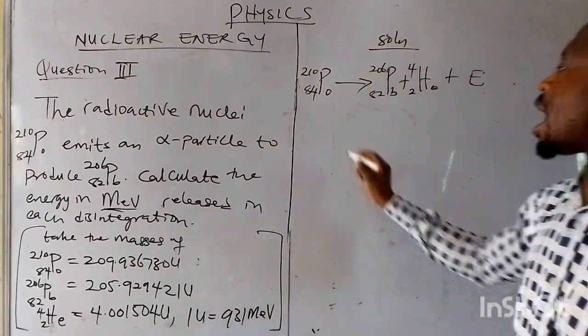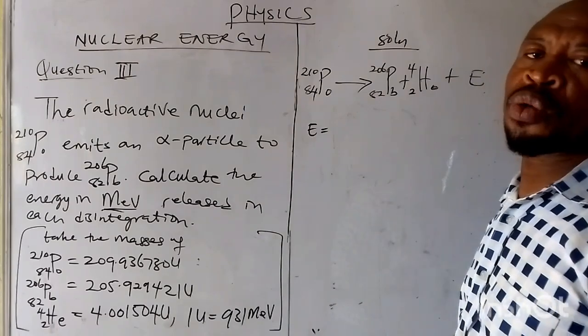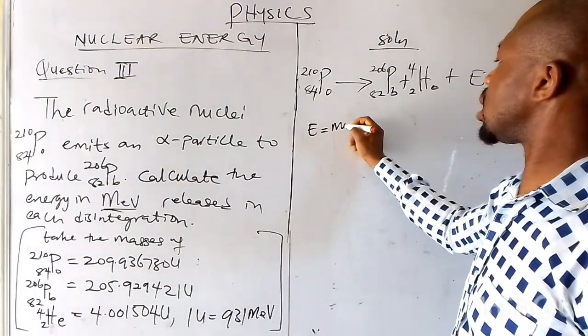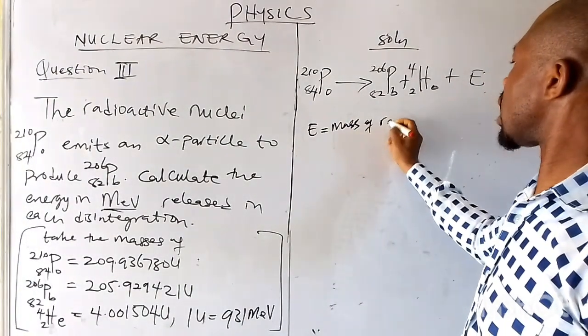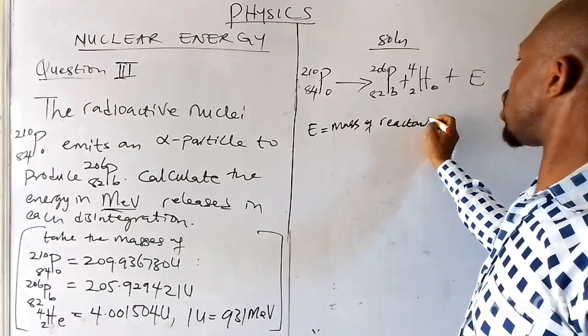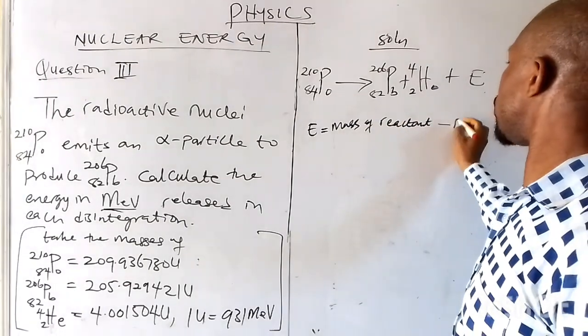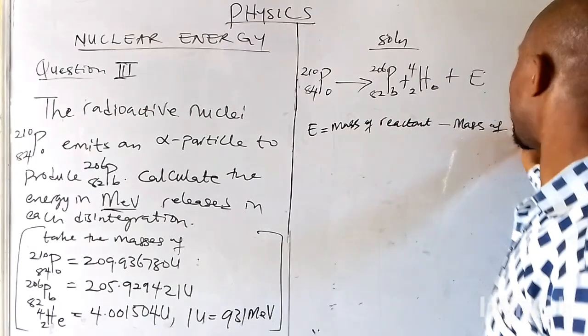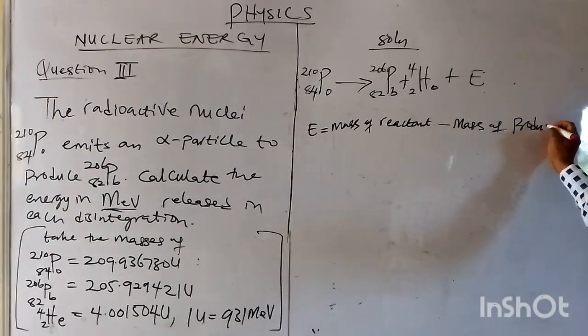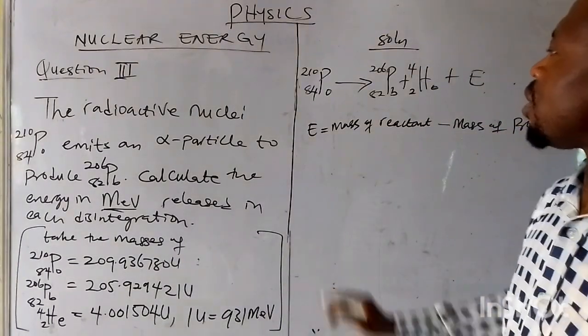So we now have that E is equal to mass of reactant minus mass of products. The reactant is this.